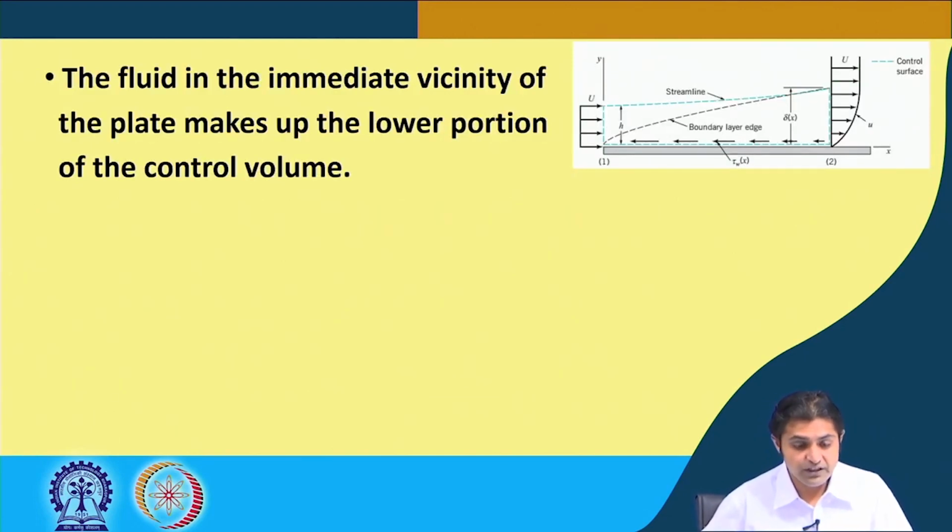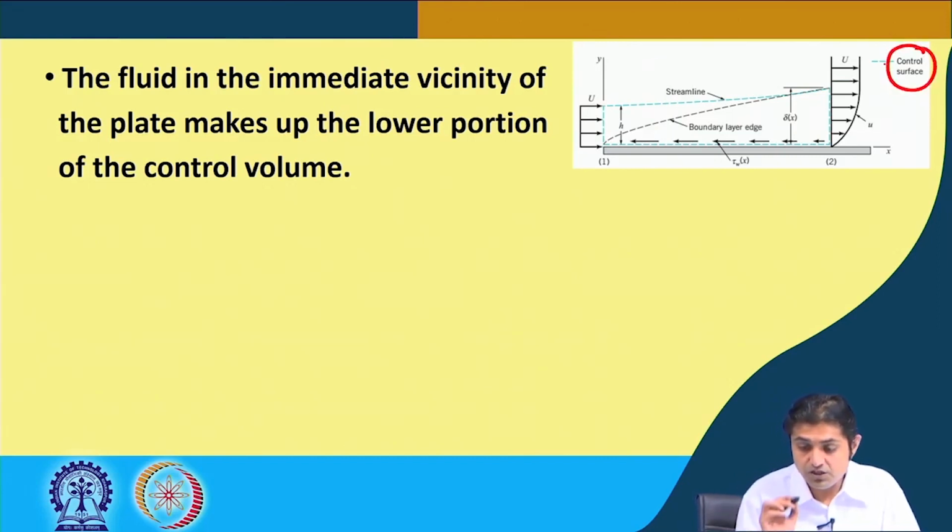The fluid in the immediate vicinity of the plate makes up the lower portion of the control volume. So you see the control surface here, we have chosen a control surface.